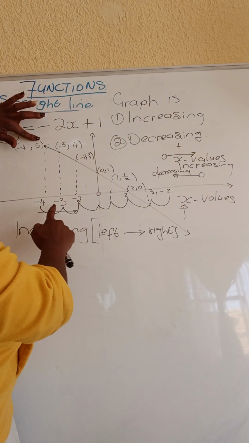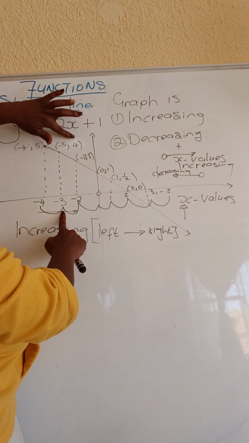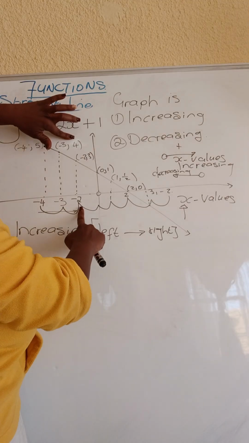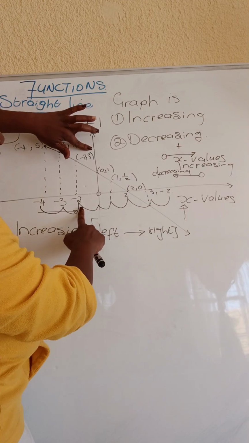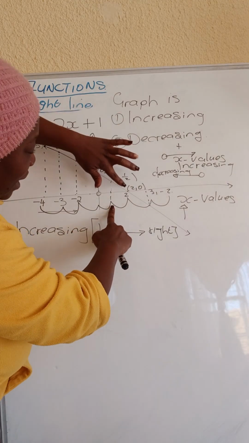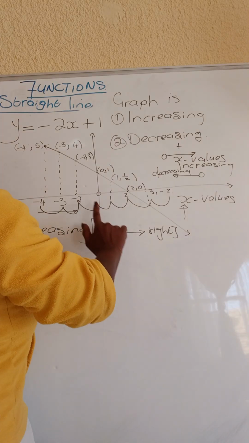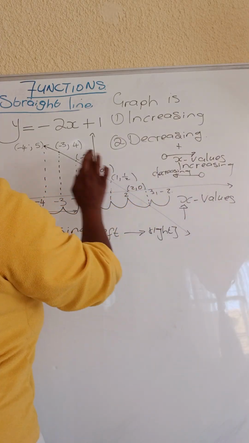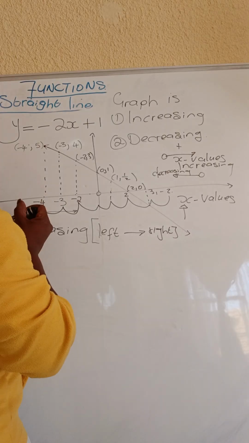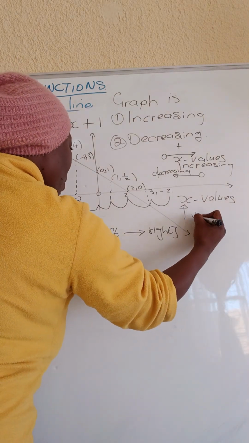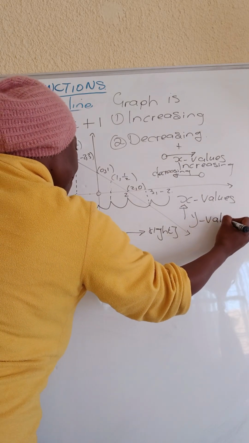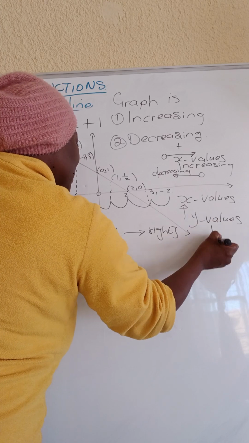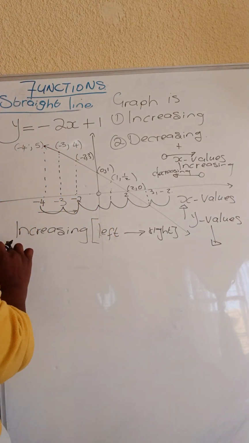It was 5. As I increased x, y decreased. It's 4. I increase, y decreases. Do you see that as I increase my x values, my y values are decreasing?